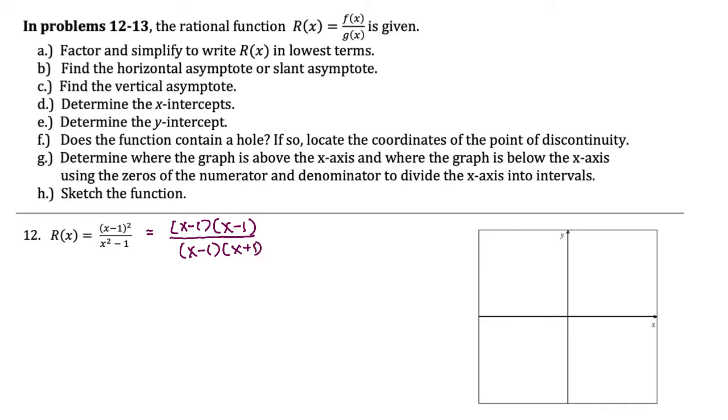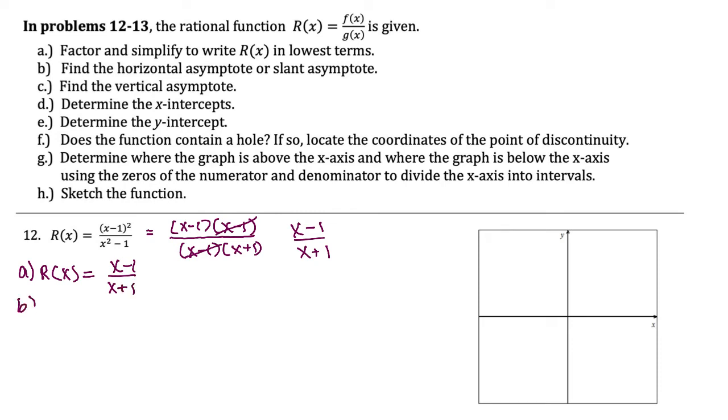All right, and so those x minus 1's cancel. So I have an x minus 1 over an x plus 1. And let's list out all of our stuff. So A, factor and simplify and rewrite. So r of x is going to be x minus 1 over x plus 1.